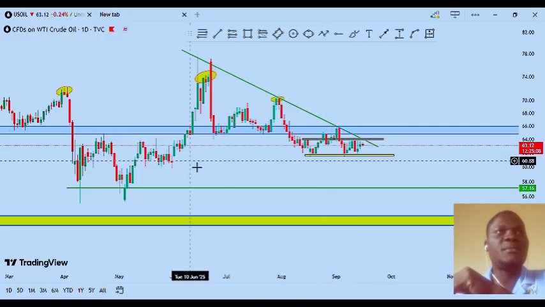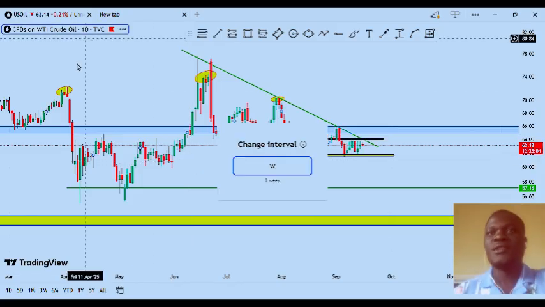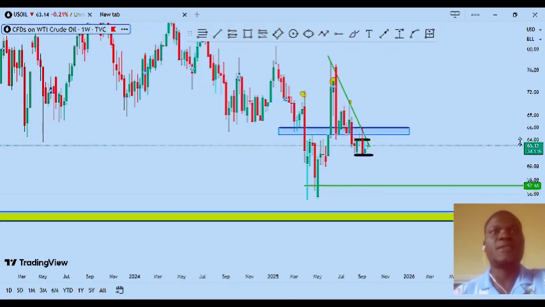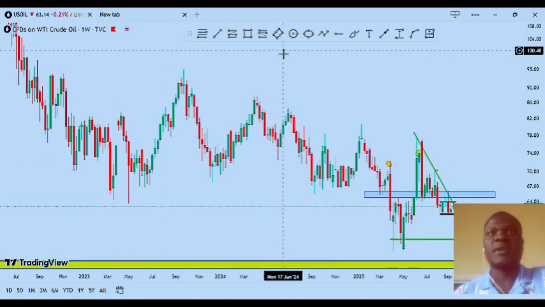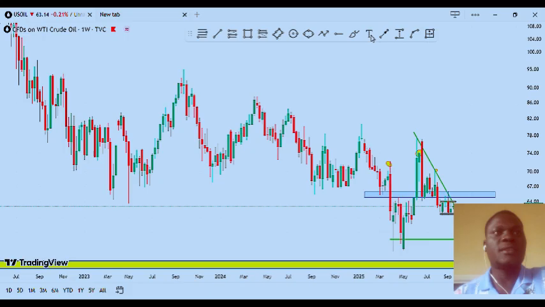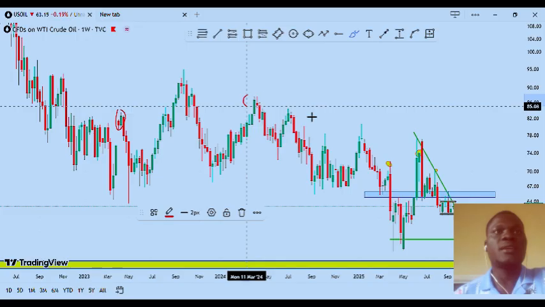If you wonder, let me show you on the weekly time frame why I called for the drop of the US oil market since last year. This was the same pattern that formed on US oil last year. This is the left shoulder, the right shoulder, then the head.